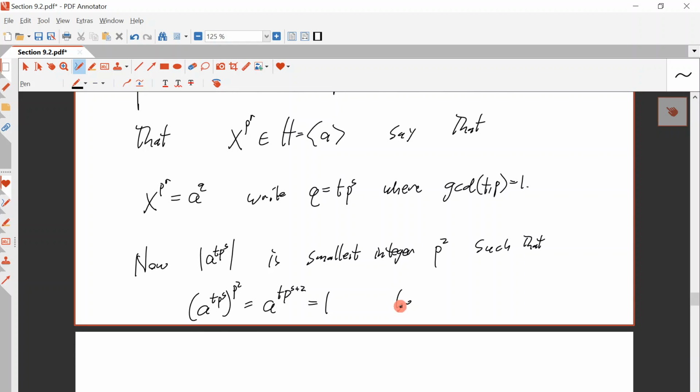Right, and because the order of a is equal to p to the k, that was our assumption at the beginning.